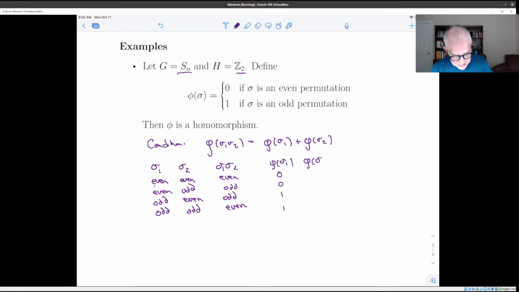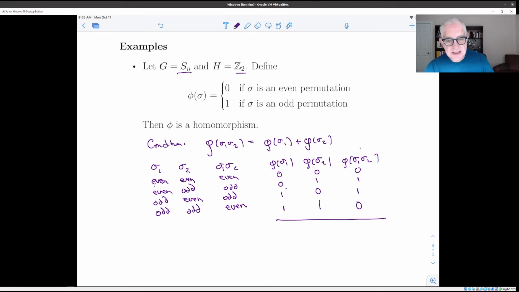And phi of sigma 2 is 0, 1, 0, 1. And phi of sigma 1 sigma 2 is 0, 1, 1, 0. If you look at this table, you see that this column, phi of sigma 1 sigma 2, is the mod 2 sum of the first two columns: 0 is 0 plus 0, 1 is 1 plus 0, 1 is 0 plus 1, 0 is 1 plus 1 mod 2.